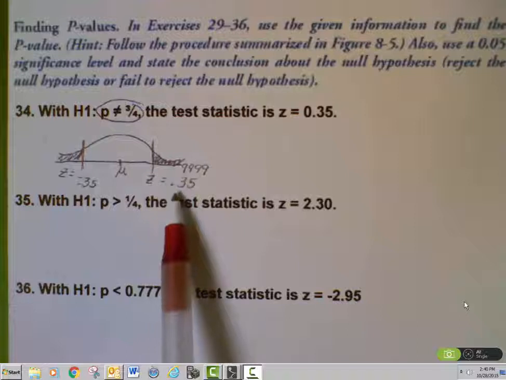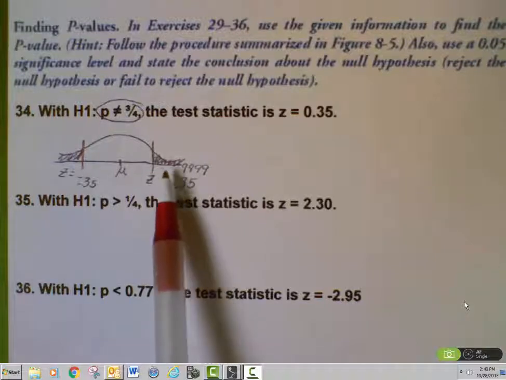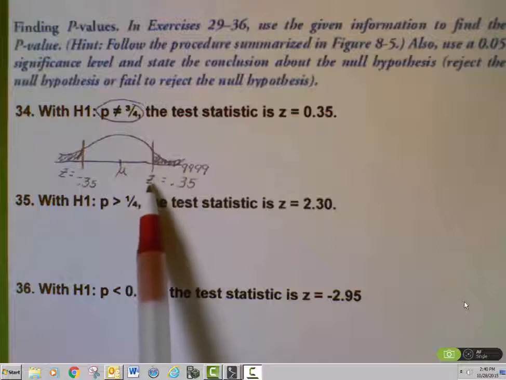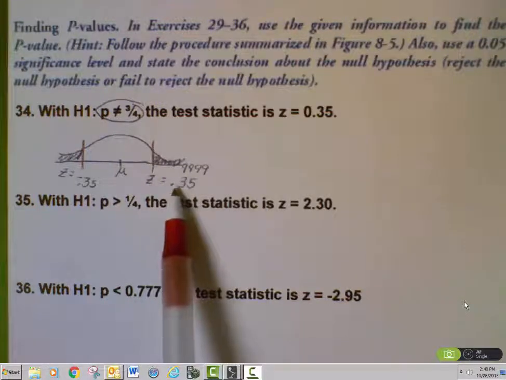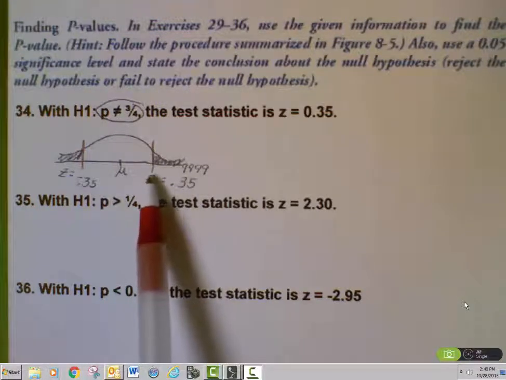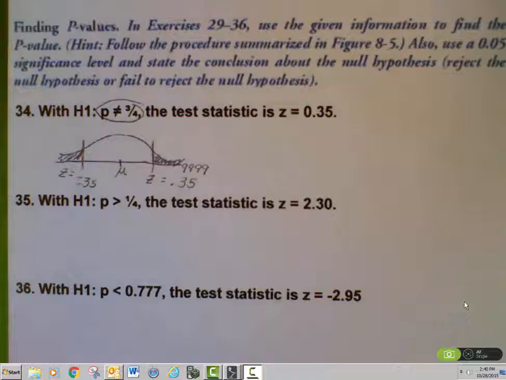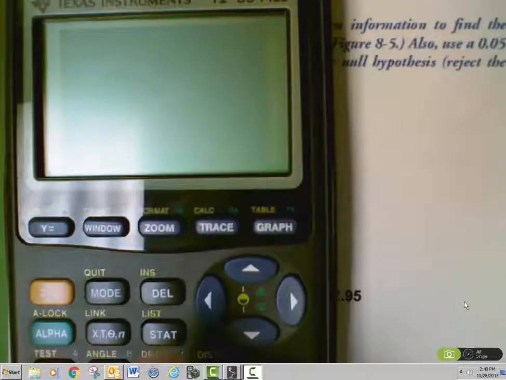What function on the calculator do I use to find the area or probability to the right of the z-score 0.35? Well, I have shaded from 0.35 to 9,999, or forever to the right, and that's what we use for an upper boundary, so I use normal CDF.